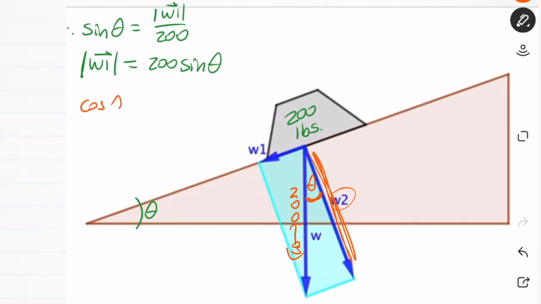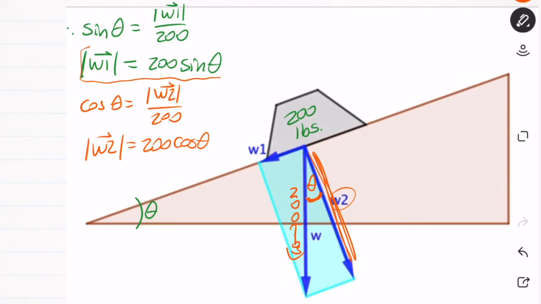So we'd have cosine of theta is equal to the magnitude of the W2 vector over 200. And then the magnitude of W2 is going to equal 200 cosine of theta. Wow, this again looks a lot like polar coordinates that we were dealing with, seems like this whole chapter. So that would be how much force is going down the ramp.